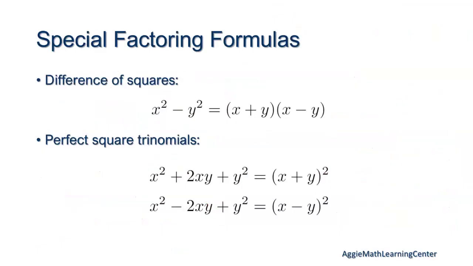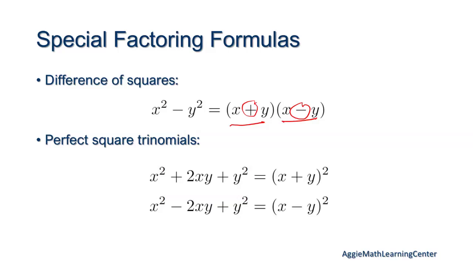Okay, awesome. So we get our special factoring formulas. In class, she talked about differences of squares, where the first term is a perfect square, the second term is a perfect square, and you have a minus in between. When you factor that out, you're going to have an x plus y and an x minus y. The only thing that is different in these two is going to be these middle terms, this plus and this negative.